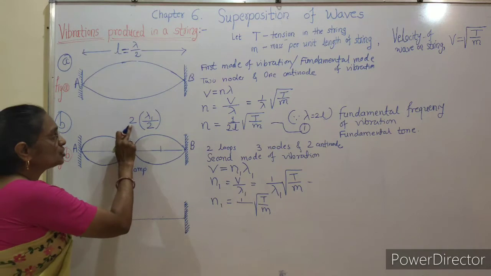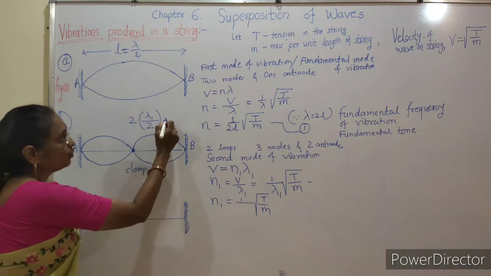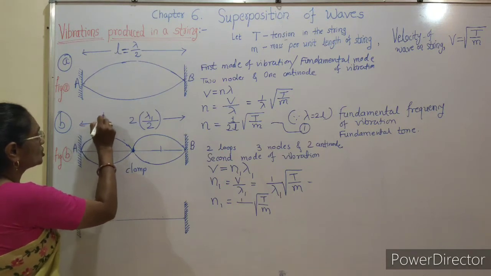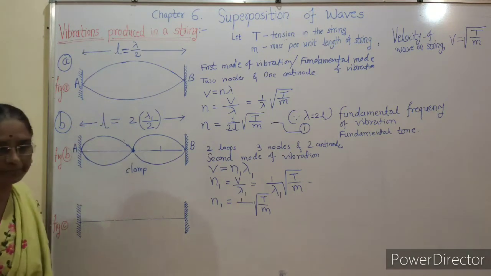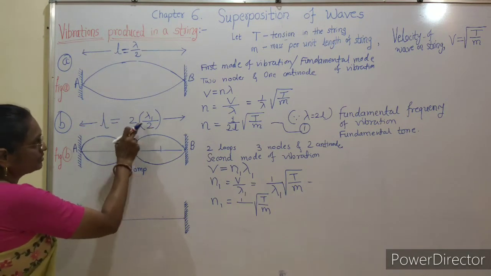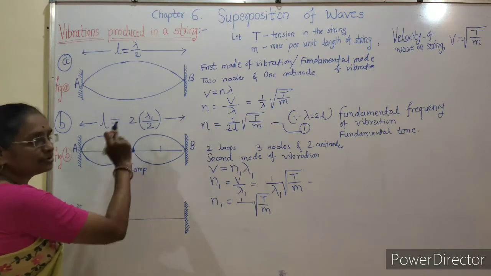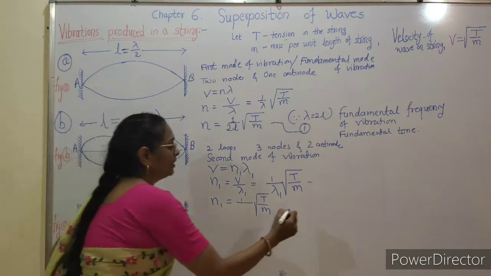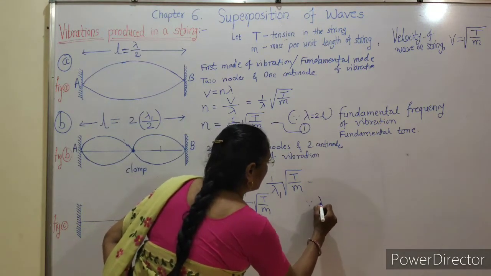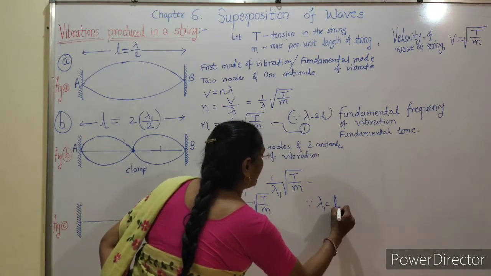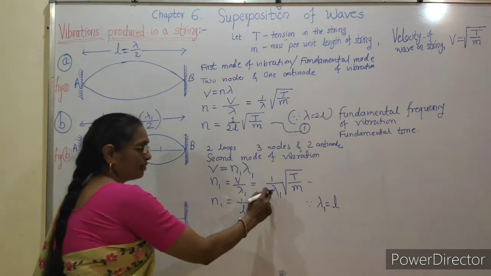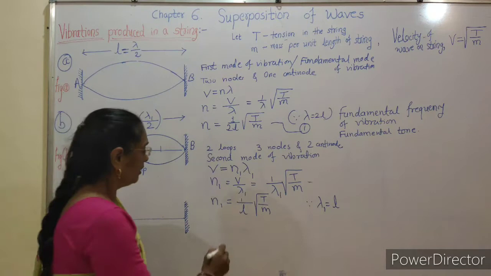Length of two loops is 2 into lambda 1 by 2, and this is the length. That length is constant, it is L. So by cancelling 2 and 2, L is equal to lambda 1, or lambda 1 is equal to L. So we substitute lambda 1 as L.